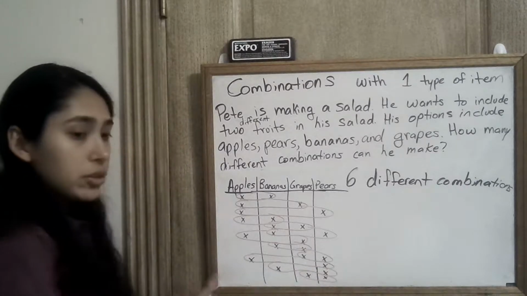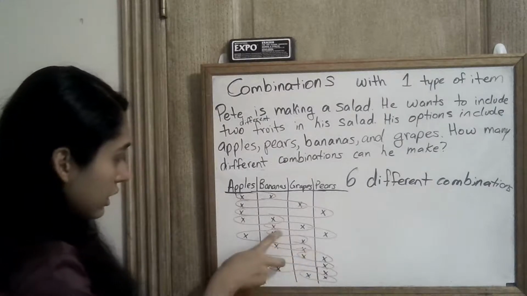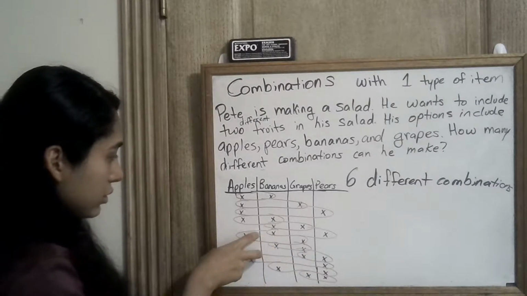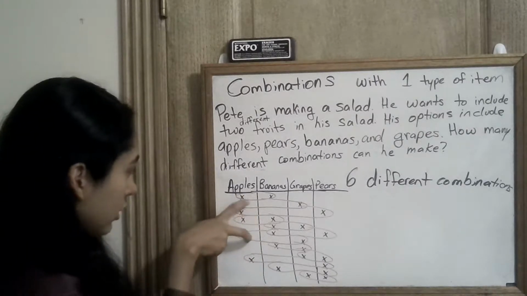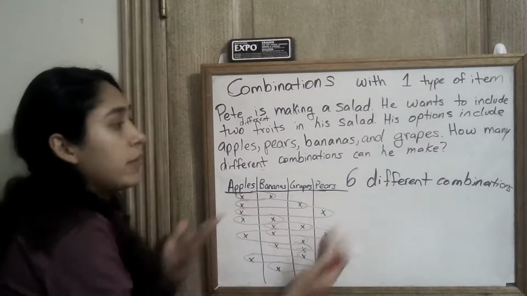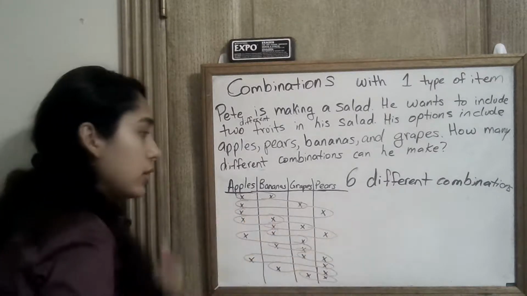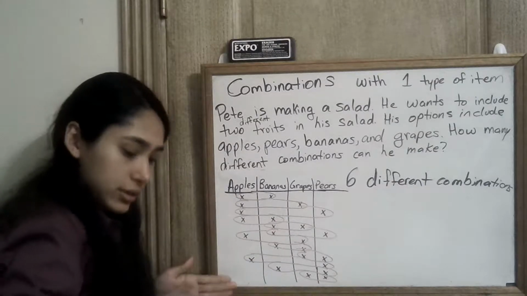But how many of these are duplicates? These are duplicates, these are duplicates, these are duplicates, these are duplicates, these and these. So if I count how many of those are different, again, I'm going to end up with 6 different combinations. Different way of writing it out, you can do whichever method that you like best.